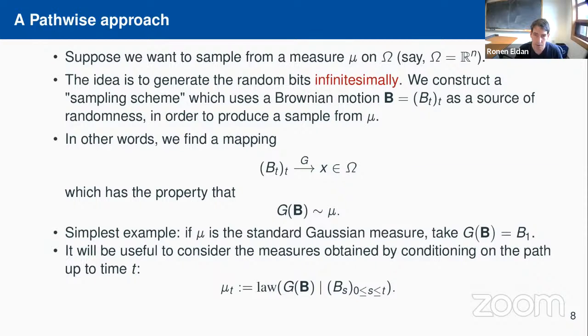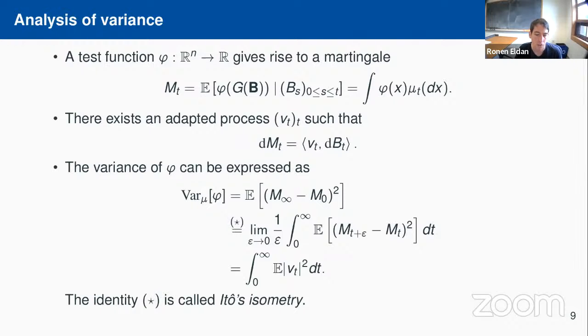Okay, now let's talk a little bit about what one might do with this. Suppose we have some test function phi on our space, and we want to show that it's concentrated. A very natural thing to consider is a process m_t, which is completely analogous to what we had two slides ago, which is the expectation of phi at the point we are going to sample, conditioned on all the information we have up to time t.